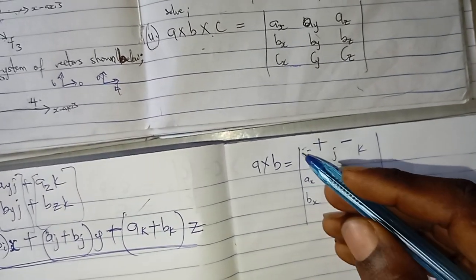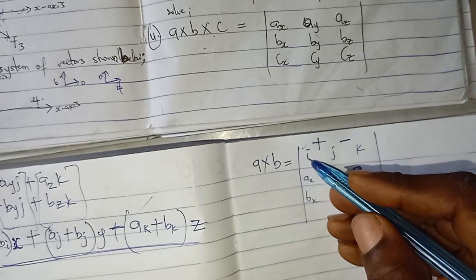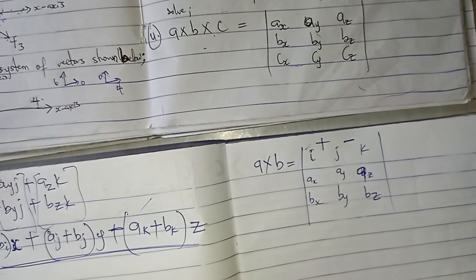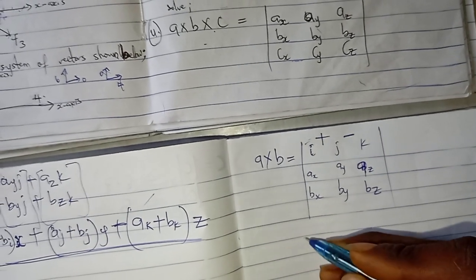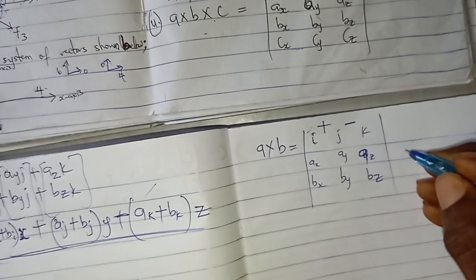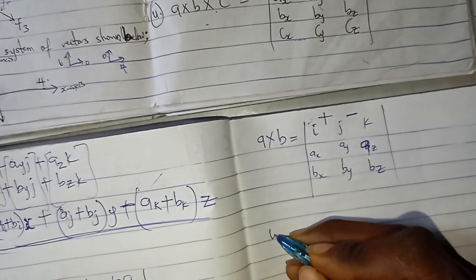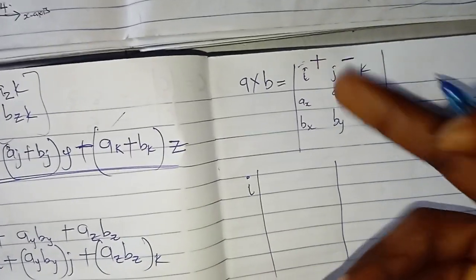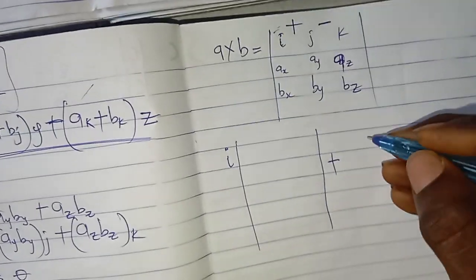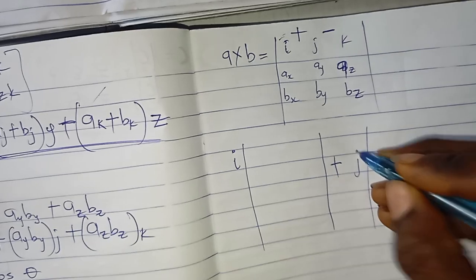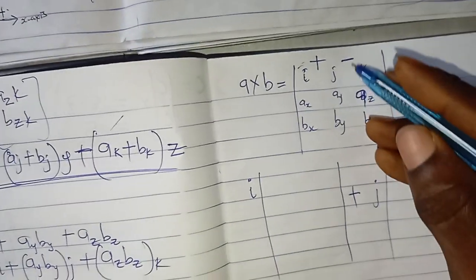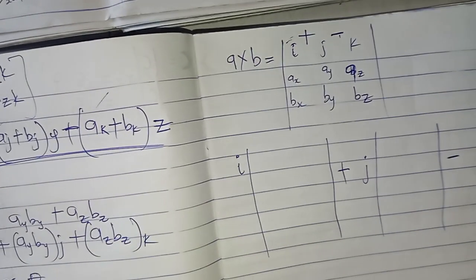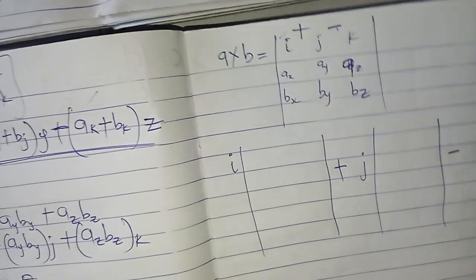When I'm solving for I to find the cross product, I come here. All these things that are beginning, I will have its own box. Then remember this plus, J will have its own box. Then remember this minus, K will have its own box.